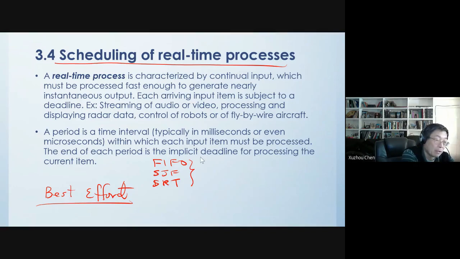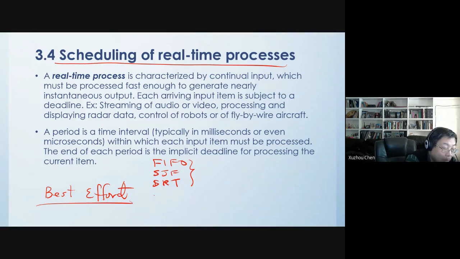How can you calculate each of these? You can take a look at the example we talked about. These are basically for FIFO, shortest job first and shortest remaining time first. These are mostly for the batch system.